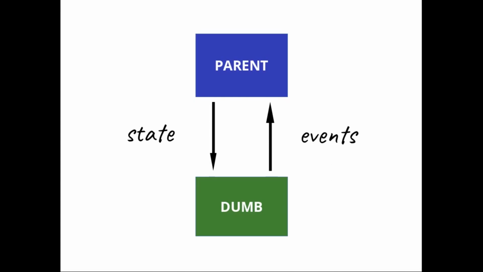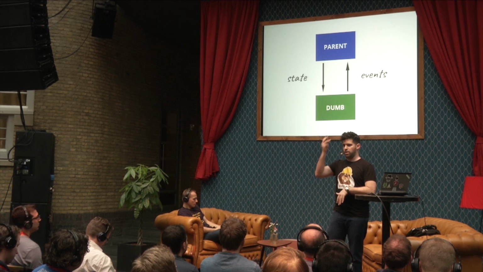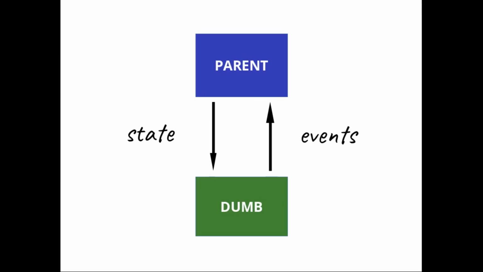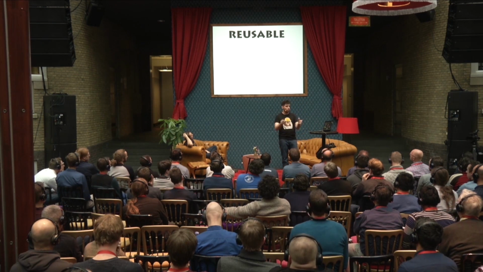So what are dumb components? Really, really simple. It's a component that gets all of its state from its parent component and emits events when something happens. Really dumb, it doesn't have a context of the application. That makes it reusable. And we can reuse the same component in other parts of our application.